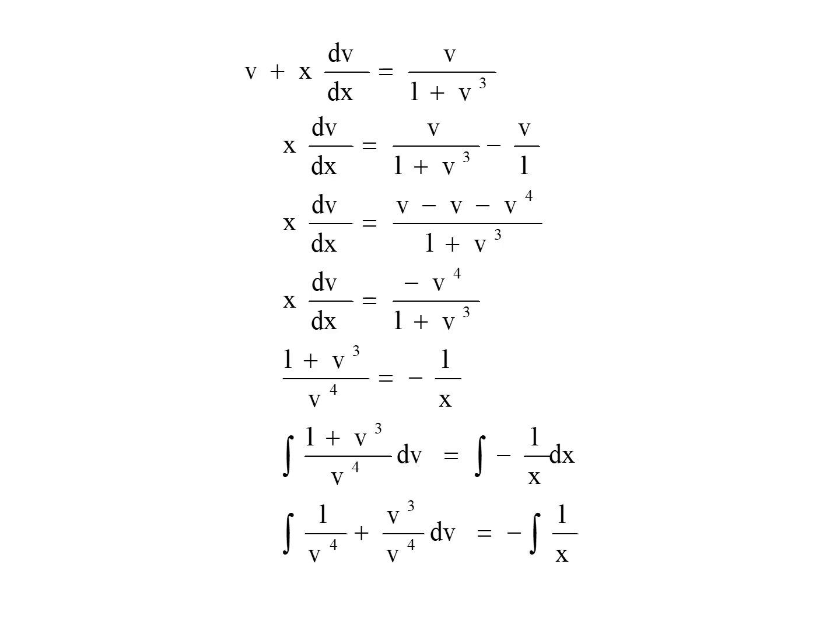Move on to the next line. Apply integrals separately, for each and every term we are going to apply this integral. So integral 1 by v power 4 plus integral v cube by v power 4 into dv is equal to minus integral 1 by x into dx.